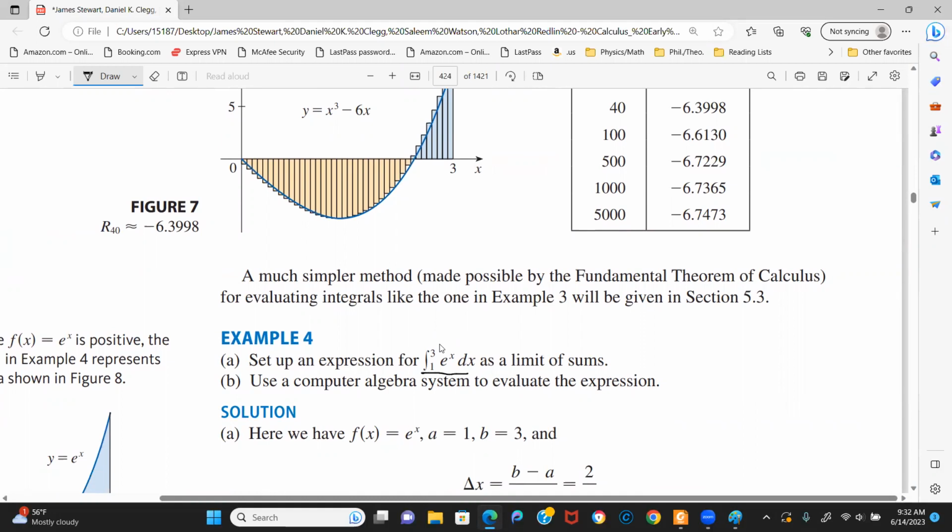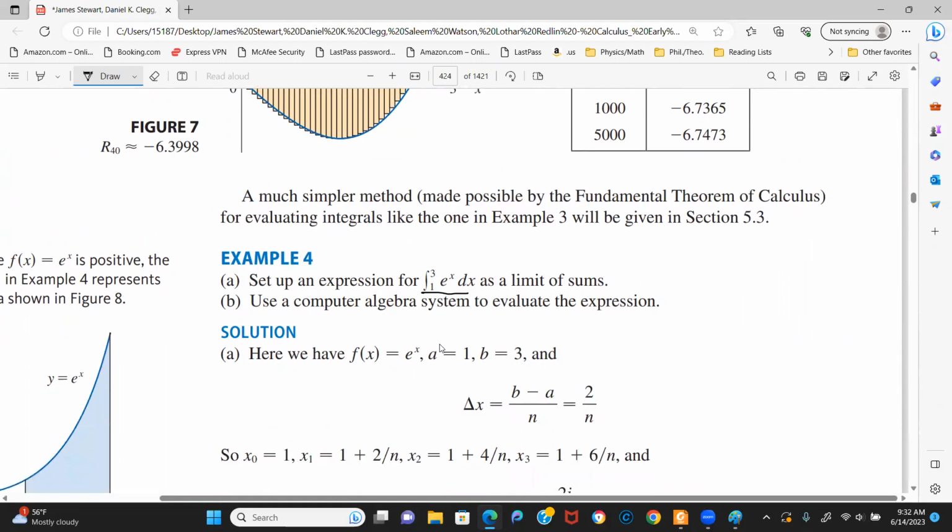So here's an example. This one will be very easy to calculate once we know the fundamental theorem of calculus, which links differentiation and integration together. So we want to set up an expression for this integral as a limit of sums. First of all, e to the x is continuous, therefore it's integrable. So we have f of x equals e to the x. This is continuous.